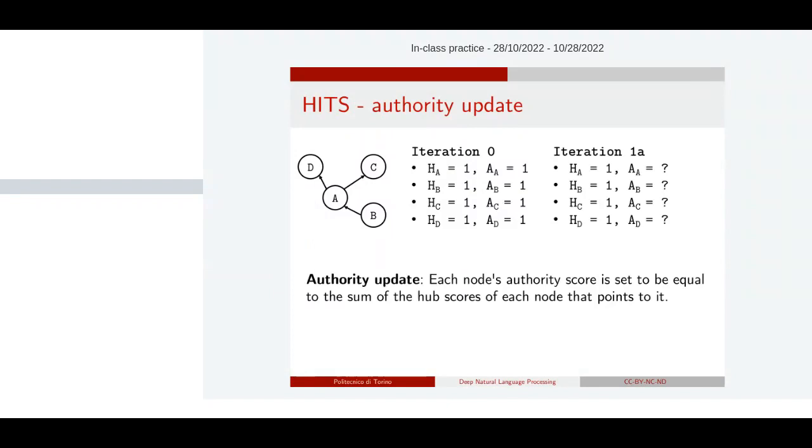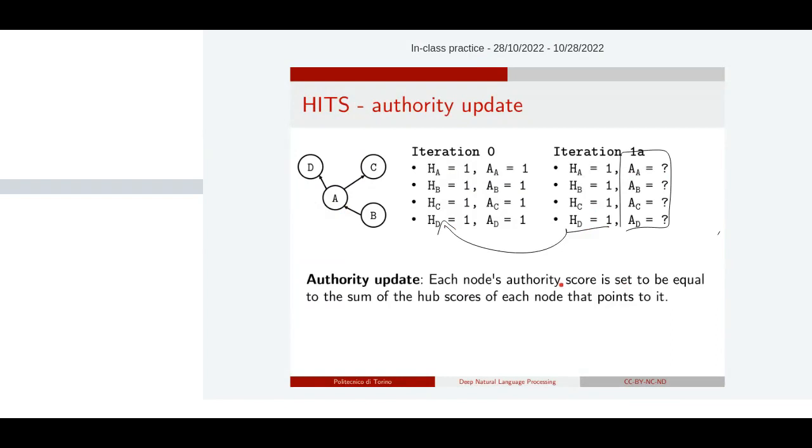In iteration 1A, I update the authority of each node. This part is fixed, it's the same as the first one. What changes is this second part. I want to compute the authority for the node A, so I follow the rules.